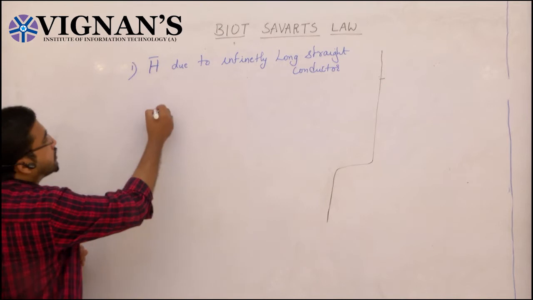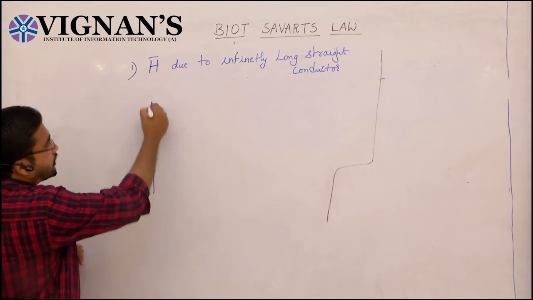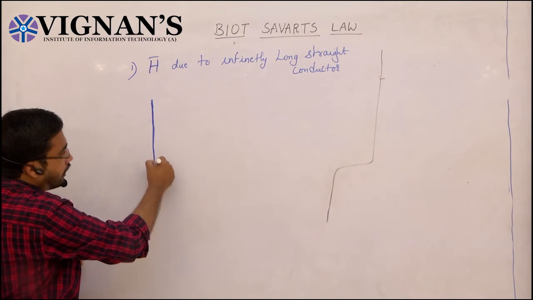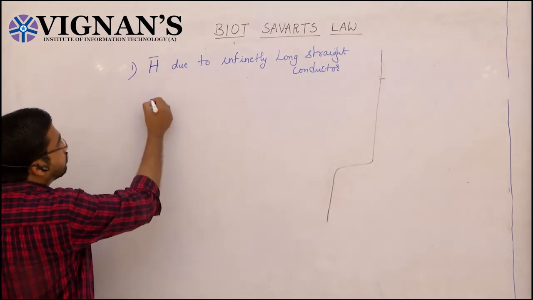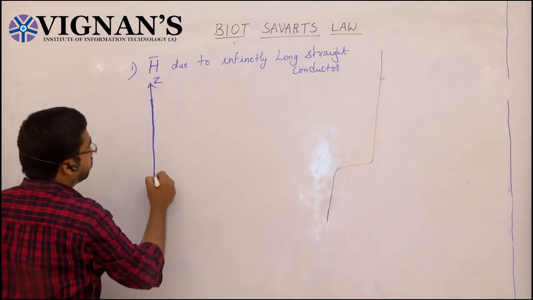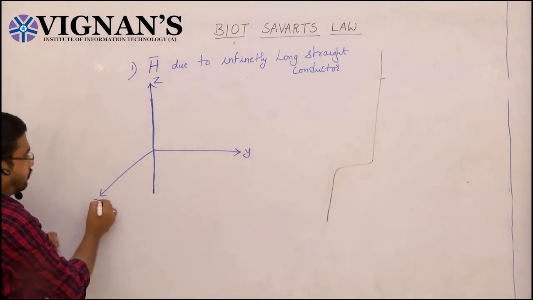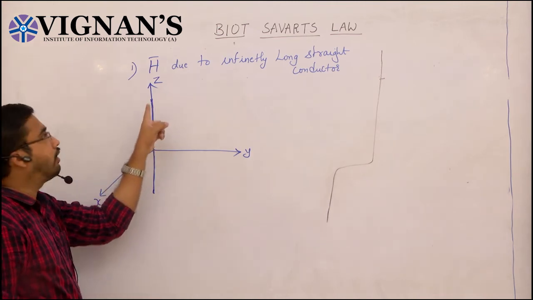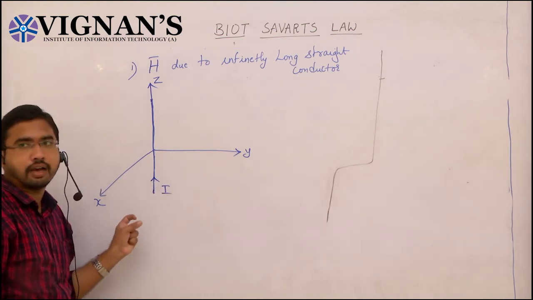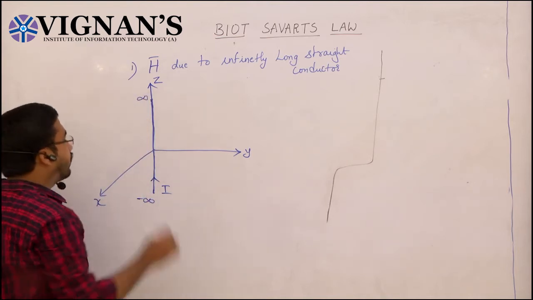Infinitely long conductor means, let us take a straight current carrying conductor on the Z axis. I am considering an infinitely long straight current carrying conductor on the Z axis, which carries a current of I, and its limits are from minus infinity to plus infinity, because it is an infinitely long conductor.